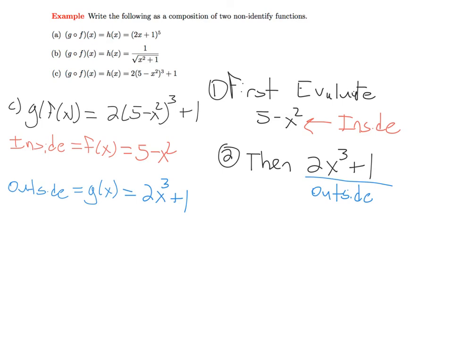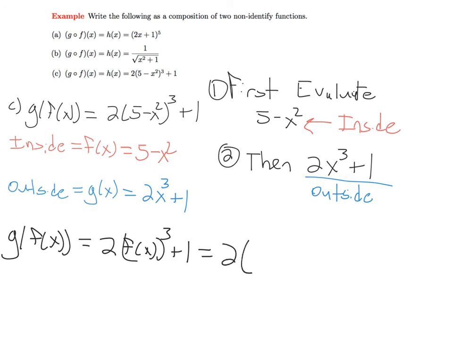And we can check to see whether this decomposition works by taking g and plugging f in place of x in the expression for g.